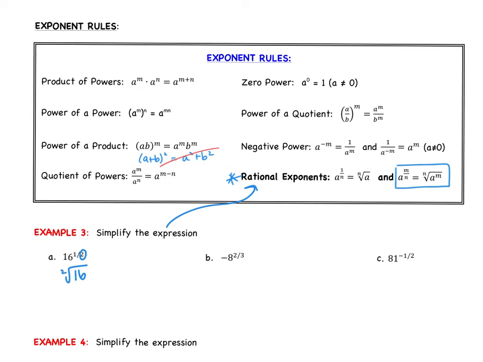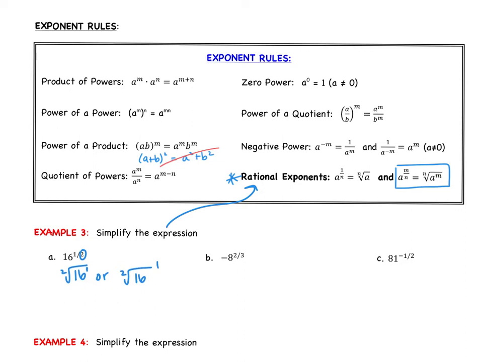And then the 1, there's actually 2 places we can put the 1. We can put the 1 here, or we can handle the 1 at the very end. So the 1 can go with the 16 or it can go outside. I will always follow this way.